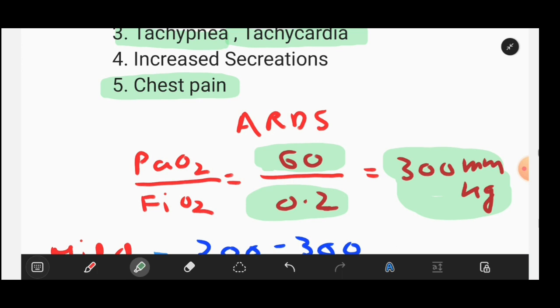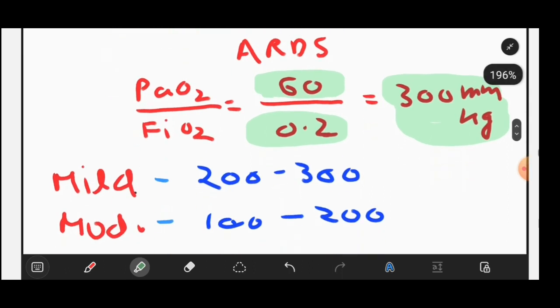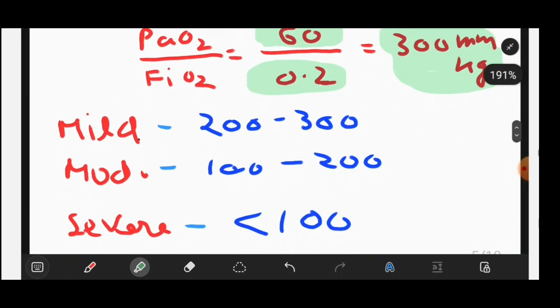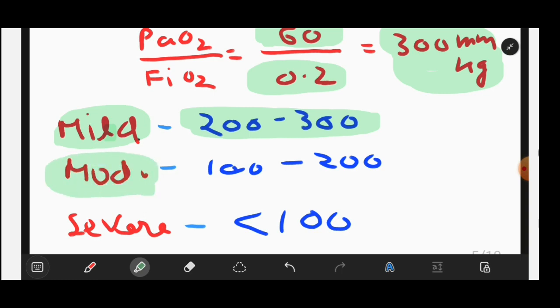Depending on this ratio, we classify ARDS into mild, moderate and severe. In mild ARDS, the ratio will be 200 to 300. For moderate ARDS, the ratio will be 100 to 200. And in the severe form of ARDS, this ratio of partial pressure of oxygen and fraction of inspired oxygen will be less than 100. So guys, this classification is very important for you in clinical situation type questions.